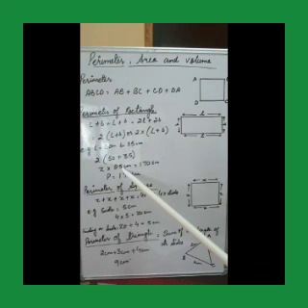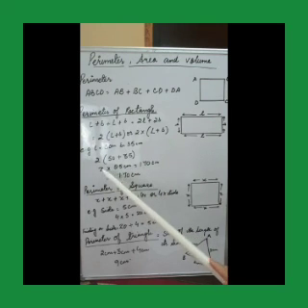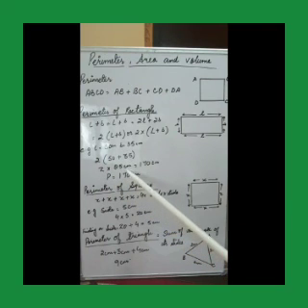But being two sides, we multiply it by 2. That 2 multiplied by 85 is 170 centimeters. So the perimeter of this rectangular figure is 170 centimeters. So 2 times (L plus B) is the formula for finding the perimeter of rectangular figures.